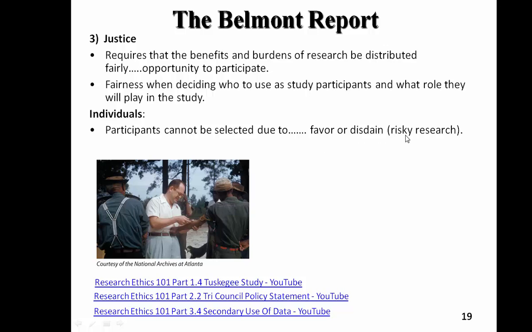In terms of risky research, there is a very clear set of what are called inclusion and exclusion criteria that must be approved by the Research Ethics Board so that the selection and entry of participants in a study is conducted fairly. And that deals with the appropriateness of the proposed methods.